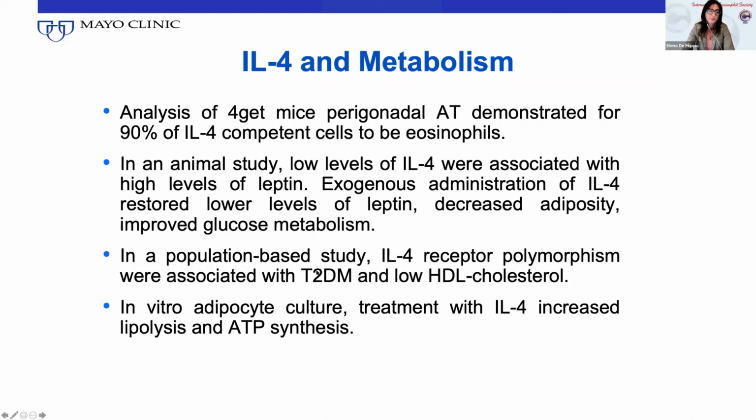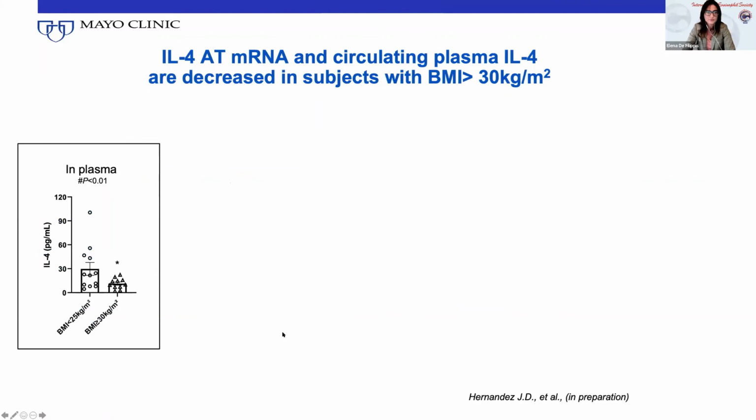And then coupled with the knowledge that in a population-based study, interleukin-4 polymorphism was associated with type 2 diabetes and low HDL. There is also a small experience in the literature using cell culture that treatment with interleukin-4 can affect adipose tissue or adipocyte metabolism and also increase ATP synthesis, a form of energy.